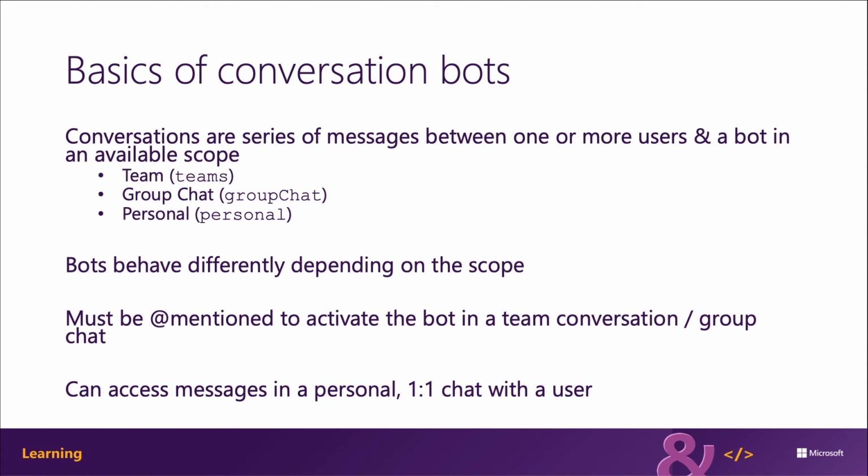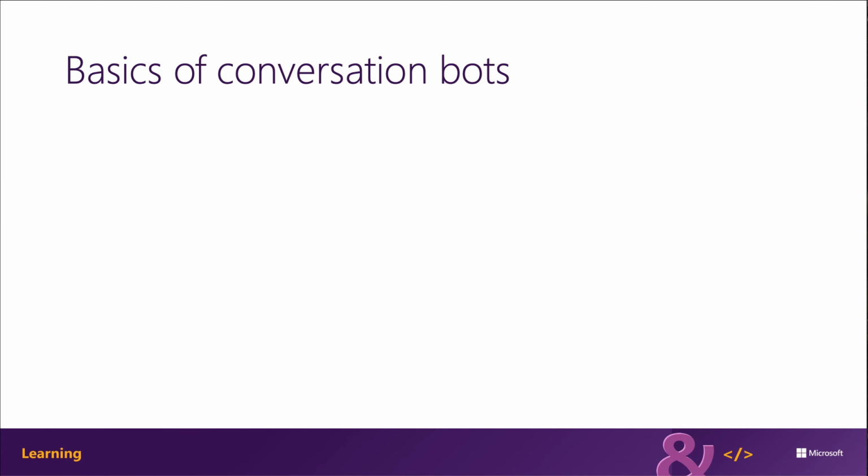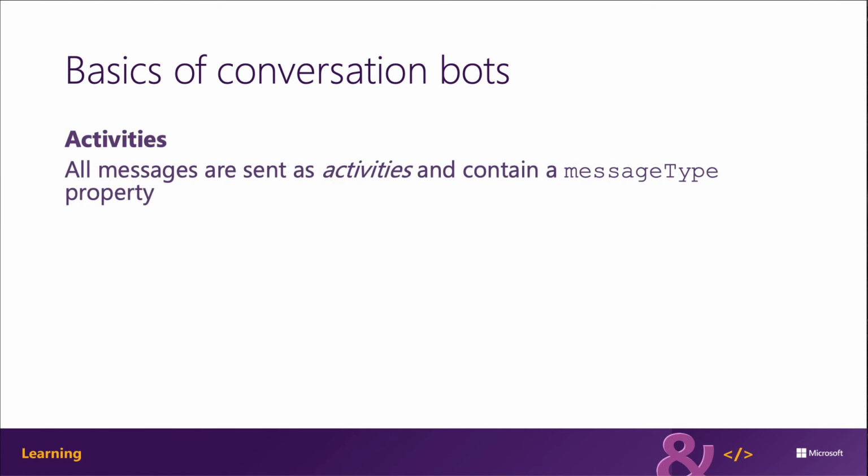All messages that are sent by the user will be routed to your bot. Each message is an activity object of type message. When a user sends a message, Teams posts the message to your bot. Specifically, it sends a JSON object to your bot's messaging endpoint, and your bot examines the message to determine its type and respond correctly.